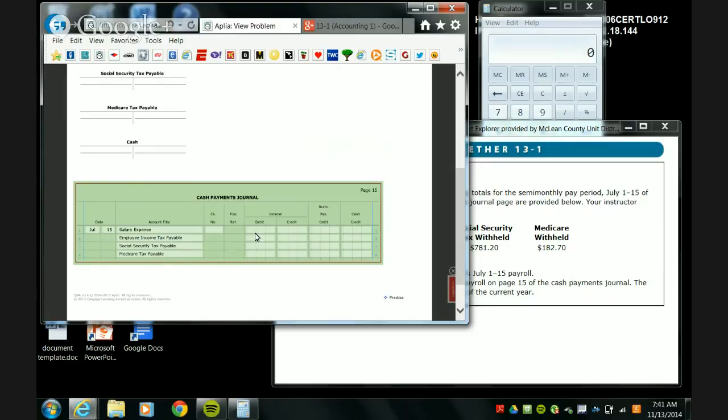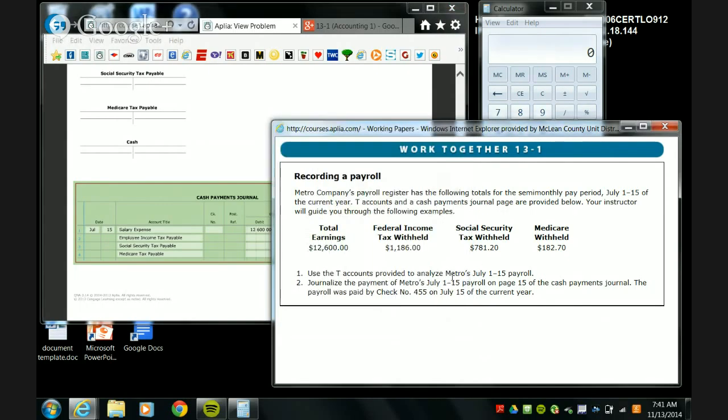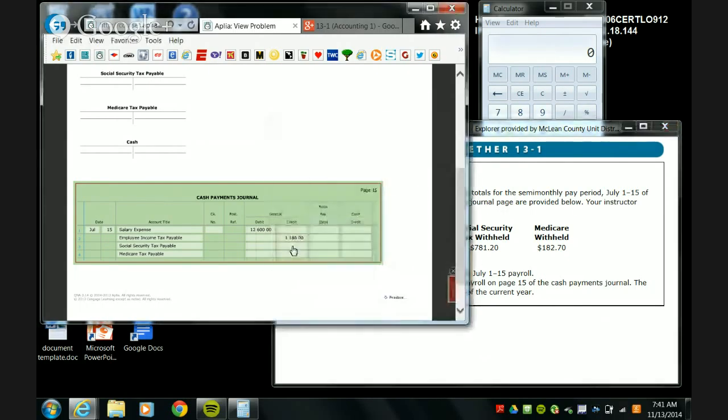So we start here with our debit amount of their total earnings. That's like if you get a paycheck, the thing that says gross wages before any deductions are taken out. Then we're going to put in our federal income tax here, just transferring the numbers directly from here. 781.20 and 182.70 here.